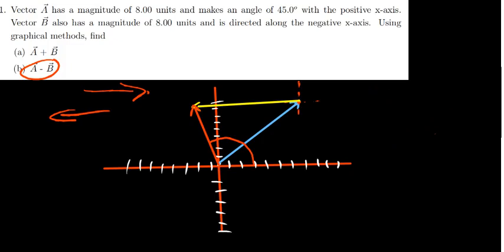If you can remember very well, let's do this. For those who were writing the components, we're going to say that a minus b, let's start with the x, is going to be ax minus bx. So what was our ax?